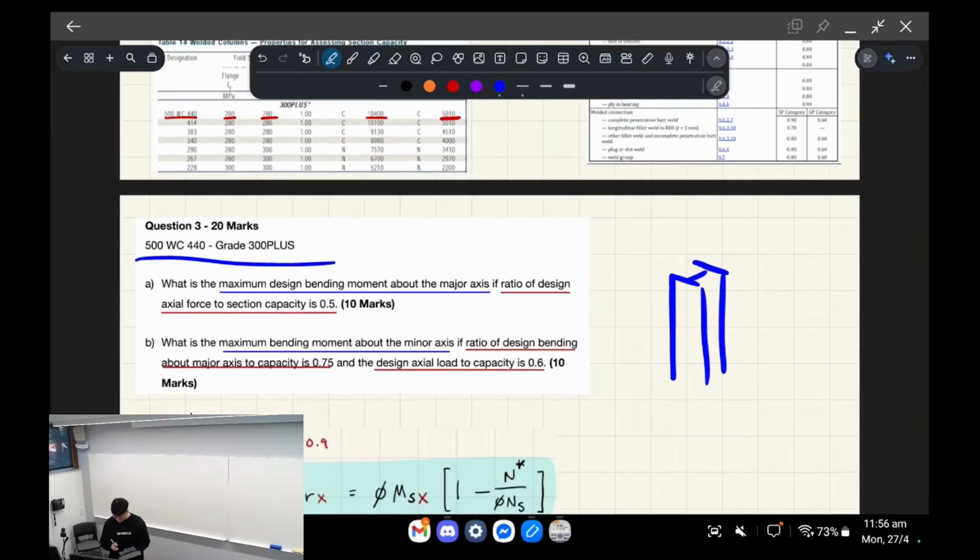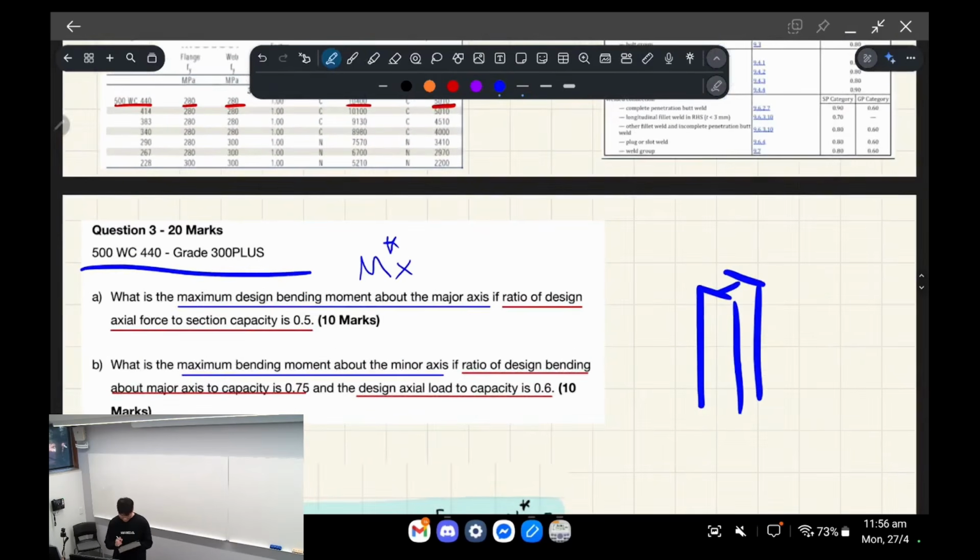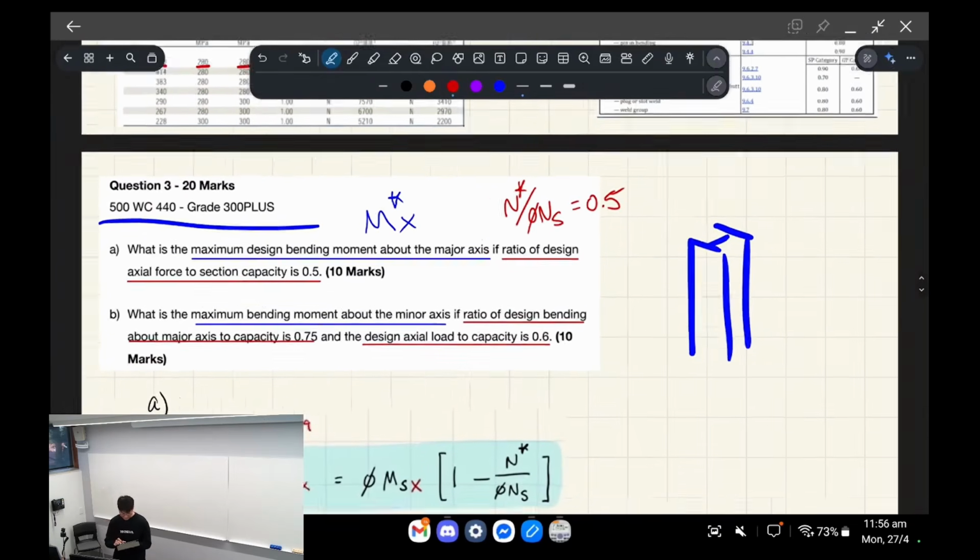Okay. What is the maximum design bending moment if the ratio of design axial force to section capacity is 0.5? So that basically means we know this. So we just have to manipulate the formulas that we have for combined actions in order to figure this out.